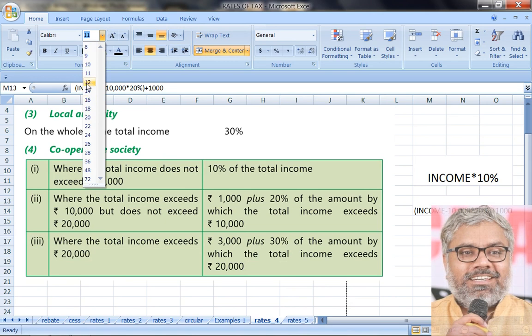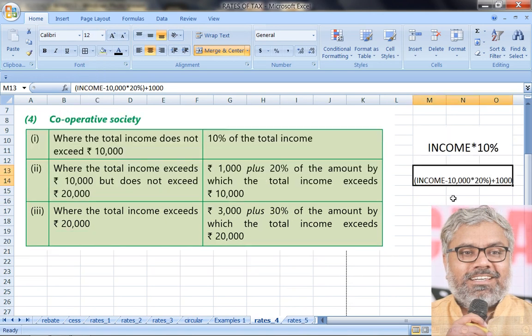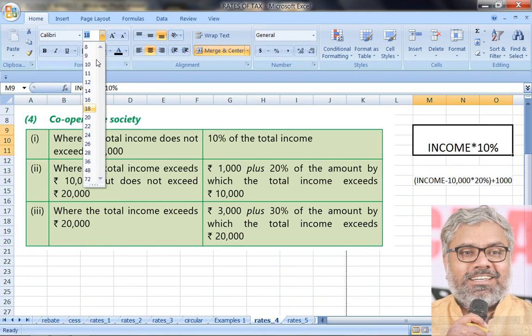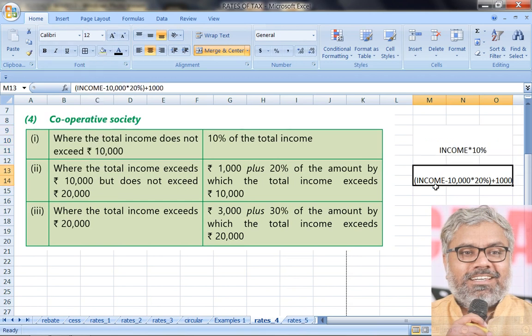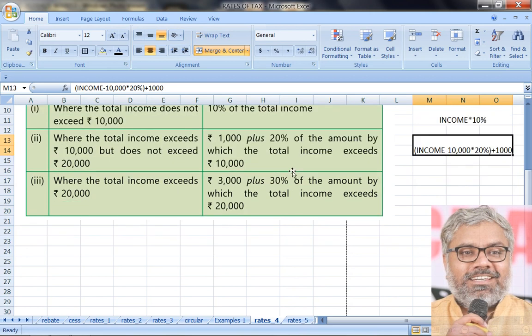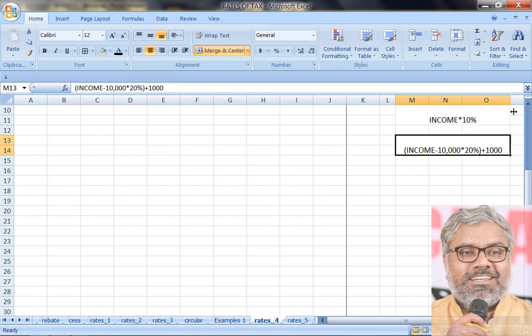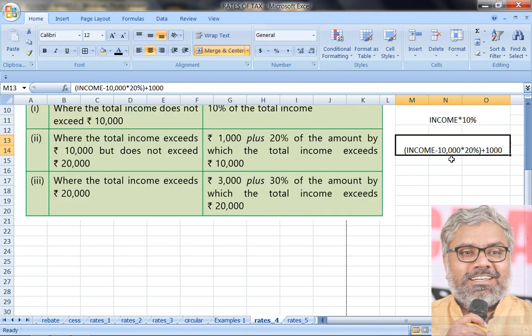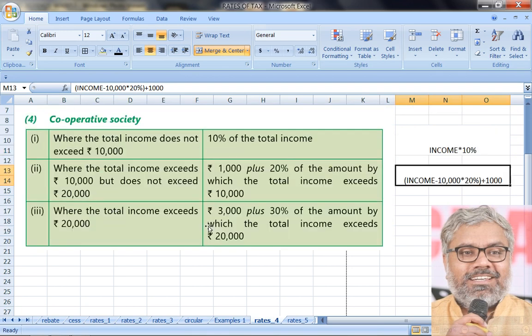So just understand how this will be calculated. In this case, income minus 10,000 into 20% plus 1,000 rupees. That's the calculation in respect of the second slab.